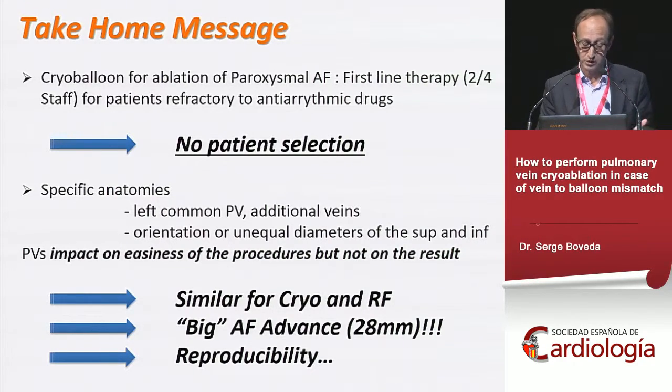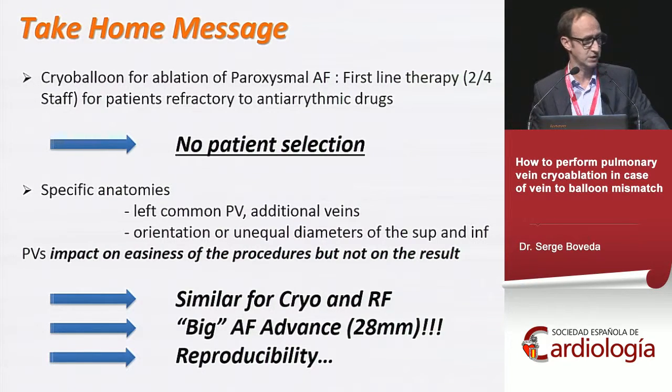And of course, we have to use only and always the 28 millimeter balloon. We have nearly never used the 23 millimeter balloon, and I believe that the reproducibility of this technique is good, specifically for special anatomies. I thank you very much.